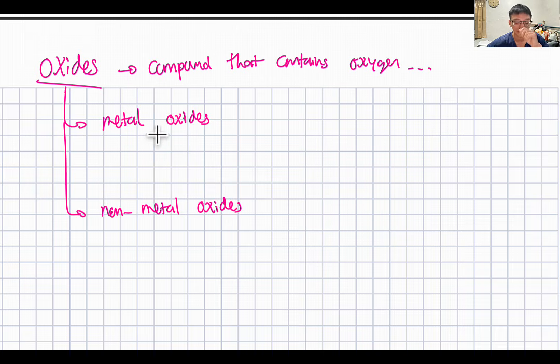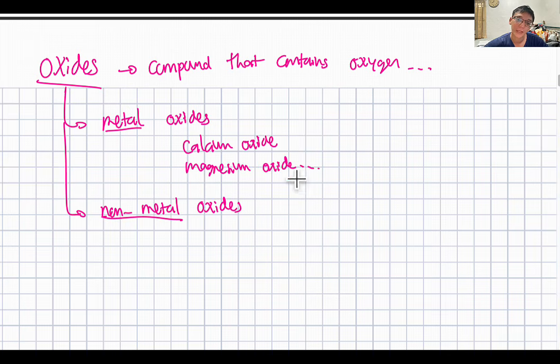So metal oxides, technically it's a metal bound to oxygen. They form a molecule. Well, for non-metal oxides, non-metal things bound to oxygen, then they create a molecule. Example for metal oxide can be calcium oxide, then magnesium oxide, and many more.